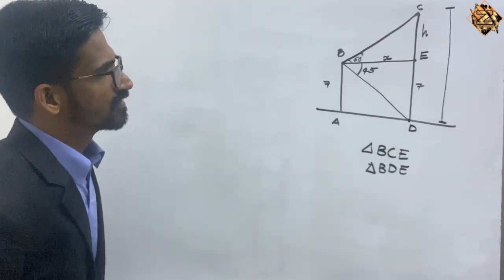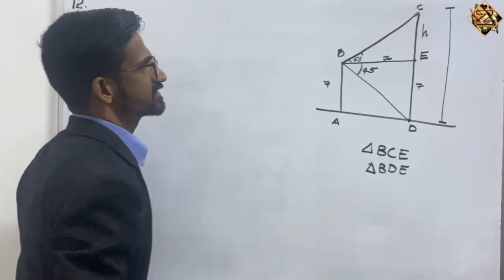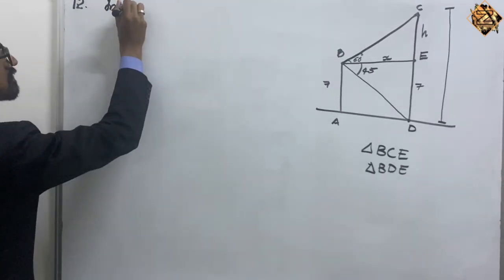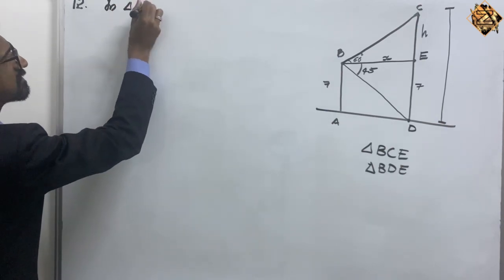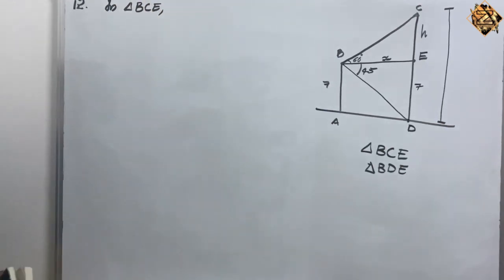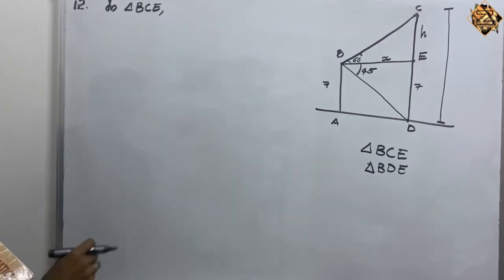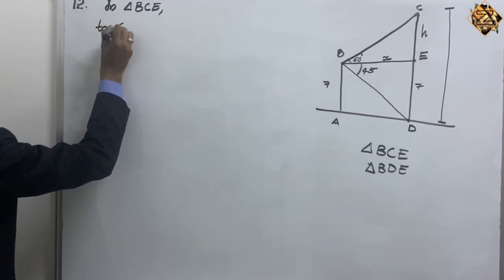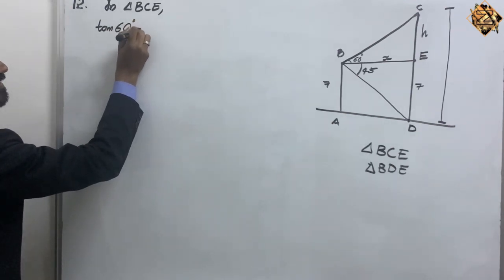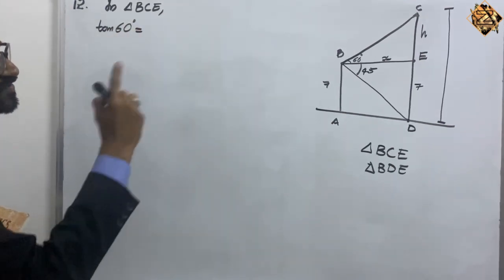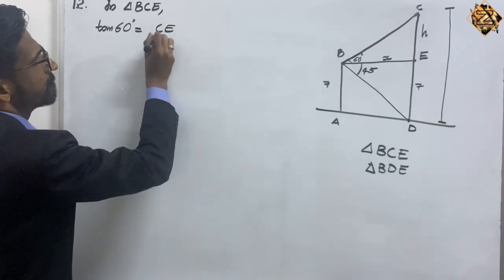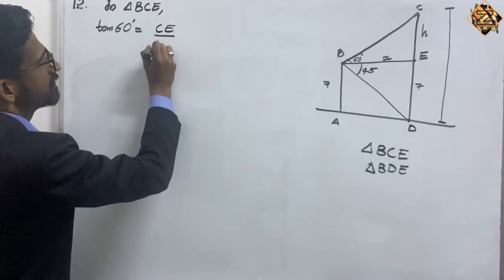Okay, students. Now let's solve for X. Considering any one of these triangles first, let's take triangle BCE. In triangle BCE, tan 60 degree equal to opposite by adjacent, that is CE by adjacent, that is BE.